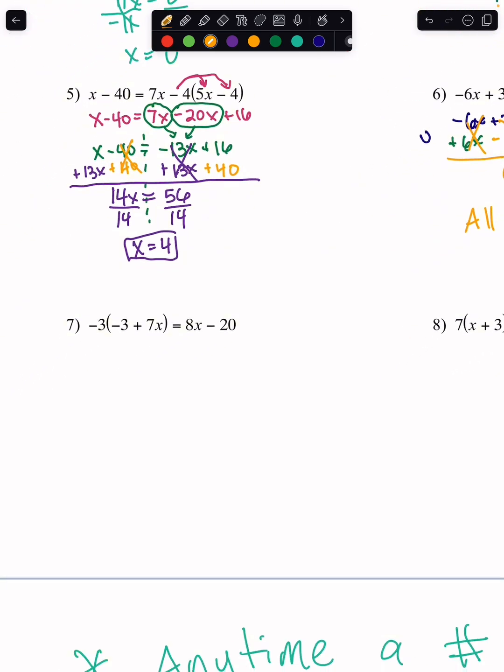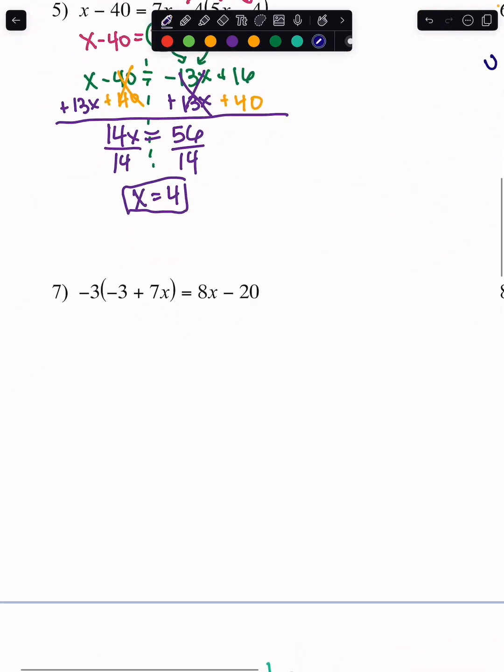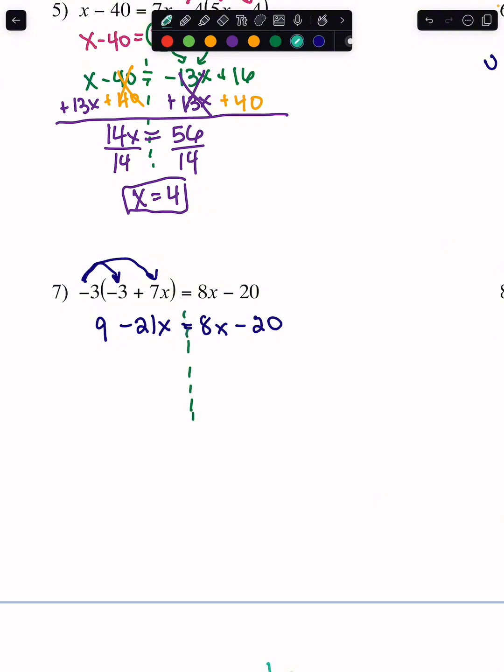Okay? Negative 3 times, I see parentheses, I got to distribute. Negative 3 times negative 3, positive 9. Negative 3 times positive 7x, negative 21x equals 8x minus 20. Okay? You know the drill. So I'm going to do this first. That takes care of that. And then I'm going to do this next.